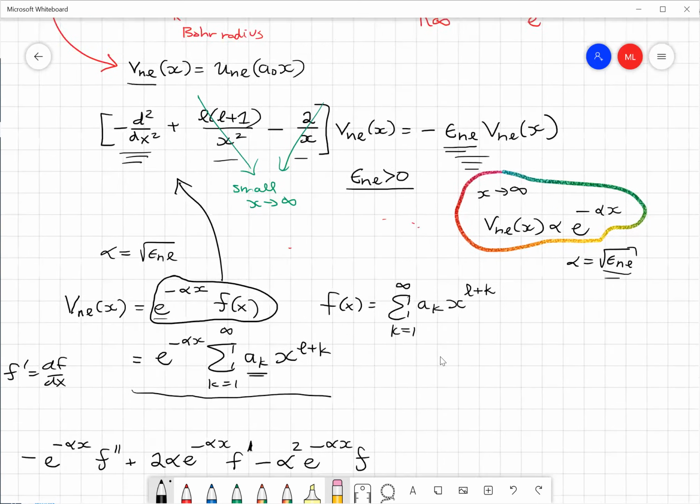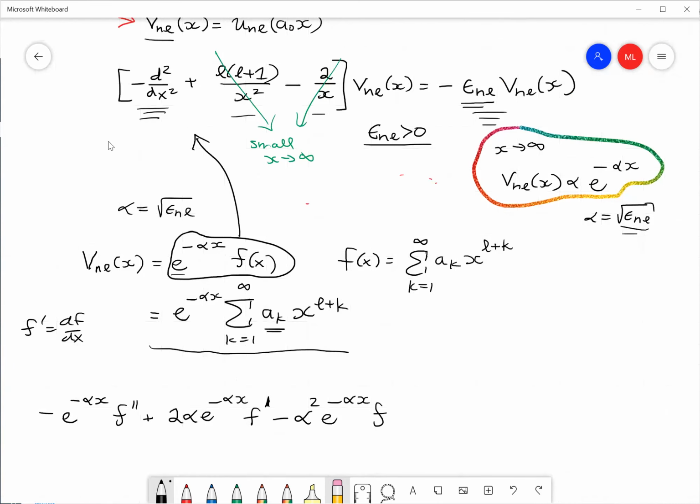This is just plugging this in and taking two derivatives, right? Derivative hits this guy twice, that gives us this term, hits this guy twice, that gives us this term. The derivative hits both, and there's two terms like that, so that's the cross terms. What else have we got? We've got the l(l+1) part over x squared e to the minus alpha x f.